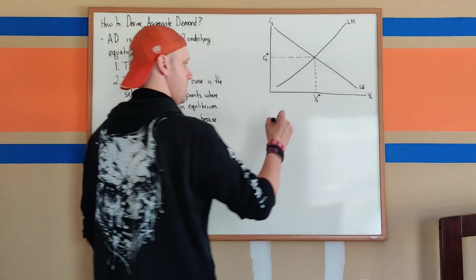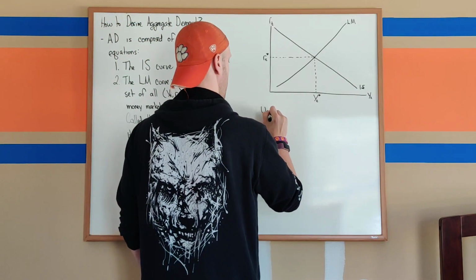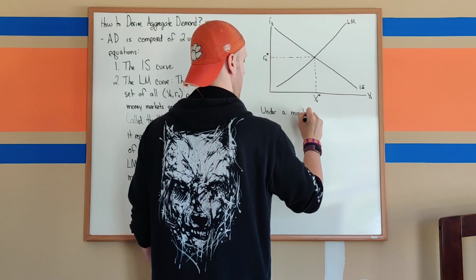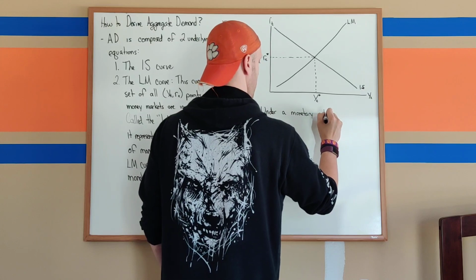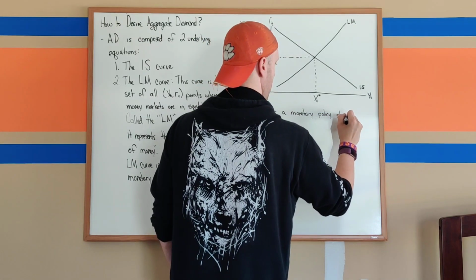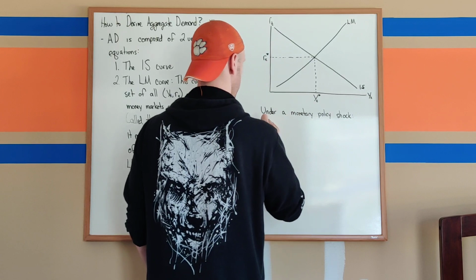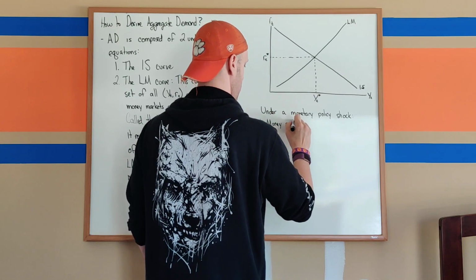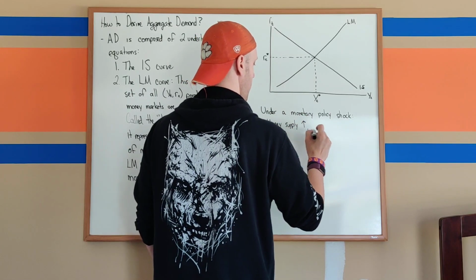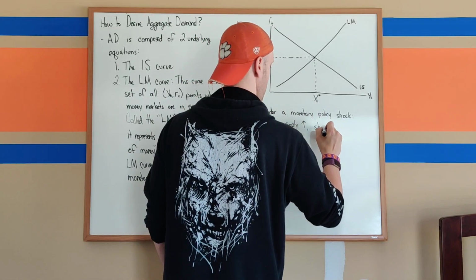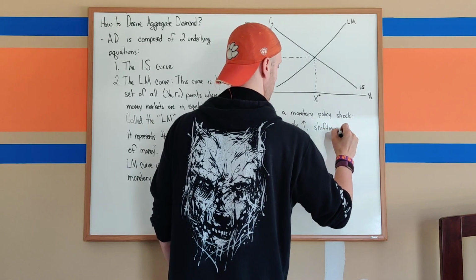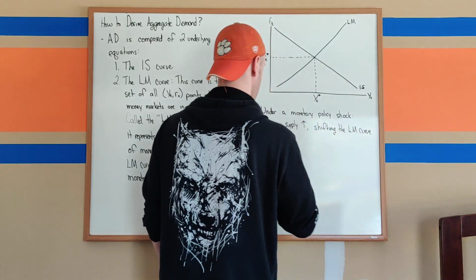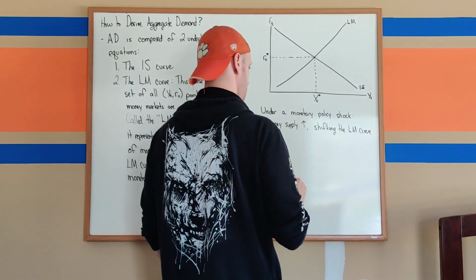So, what happens under a monetary policy shock? Well, the money supply increases, shifting the LM curve out.